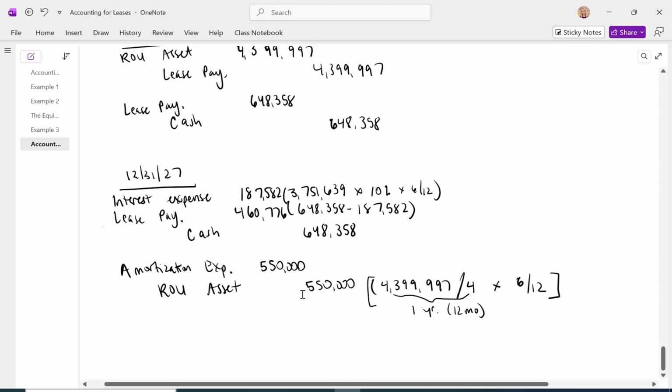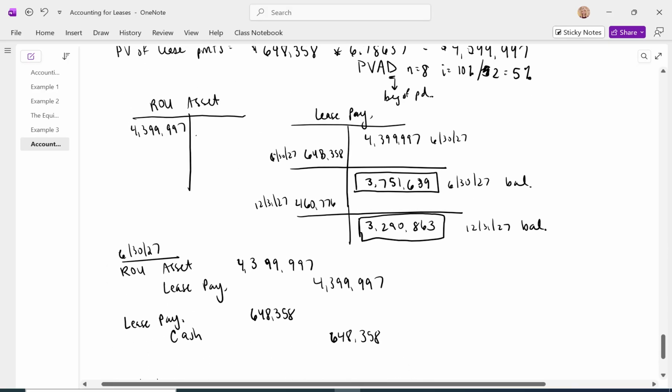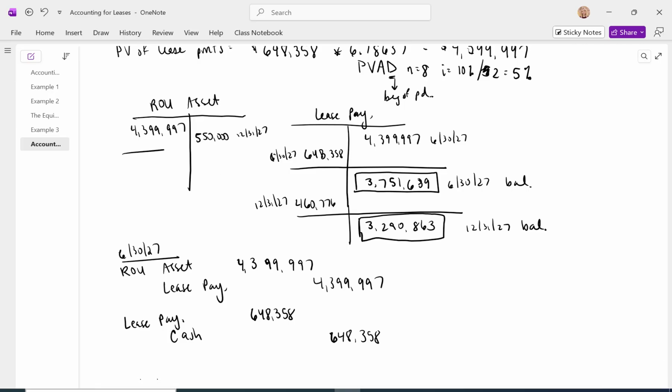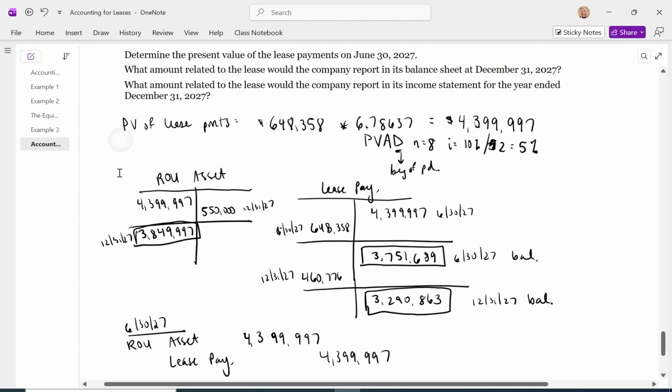Okay, let's post the decrease in the asset's value of $550,000. That gets us a balance in the right-of-use asset of $3,849,997. This is the balance that we're going to report on the balance sheet 12/31/27.